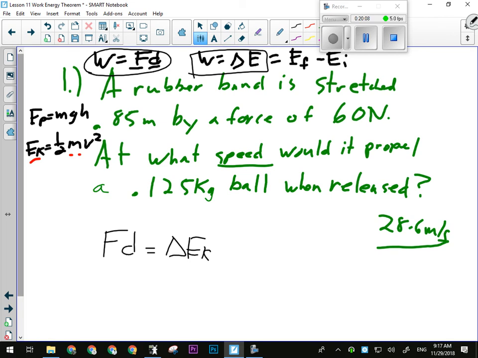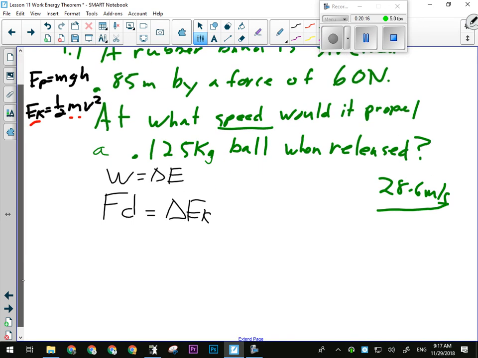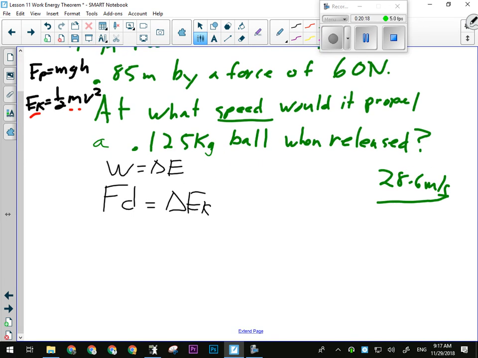All I'm saying here right now is that work is a change in energy, which is the work energy theorem. So if I want to calculate the change in kinetic energy, that's going to be force times distance equals 1/2 times mass times the final speed squared minus 1/2 times mass times the initial speed squared.